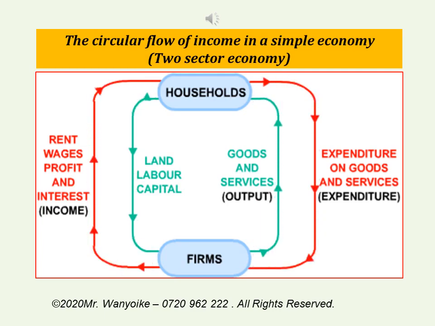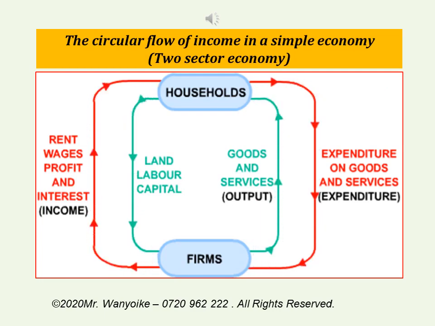So we have the factors of production. You can see the arrows are flowing from the households to the farms. And then the farms in return will pay for these factors of production in form of rent, wages, profit, and interest for the entrepreneur, which is an income. And therefore, the money will flow from the farms to the households.